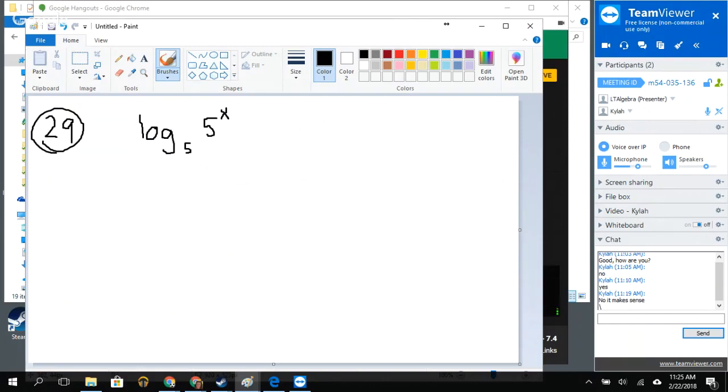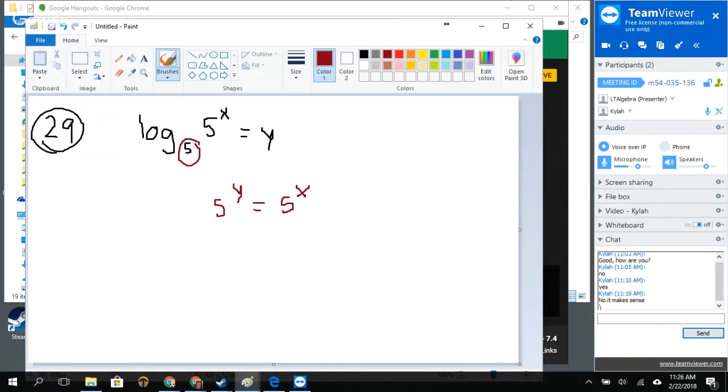This equals some y, right? So what I know is that I can rewrite this whole equation, the same exact thing we were doing before. This is my base, 5, to my base goes to find my answer, and then is raised to the exponent.